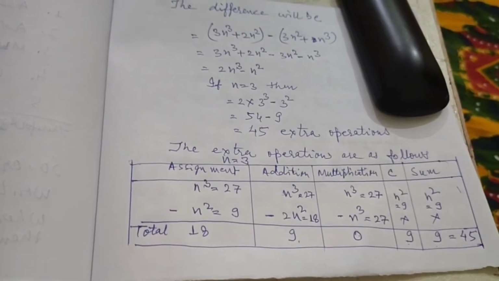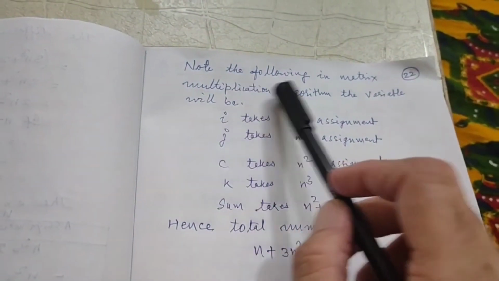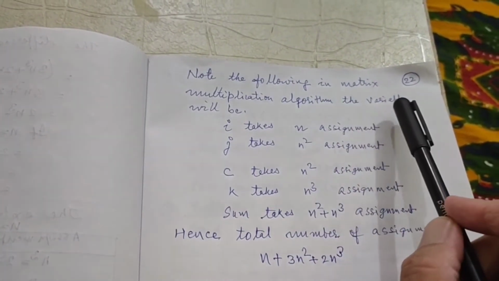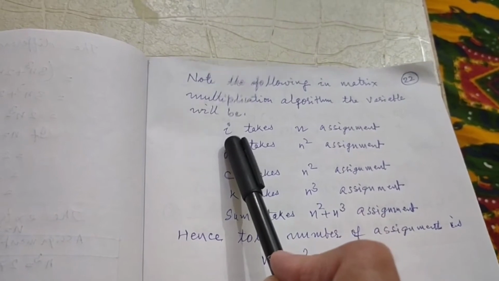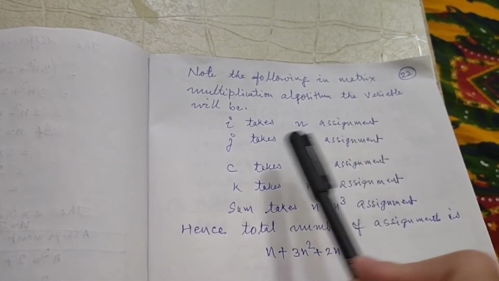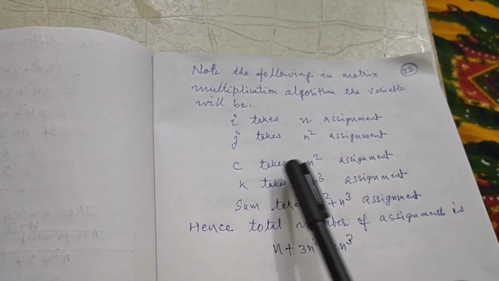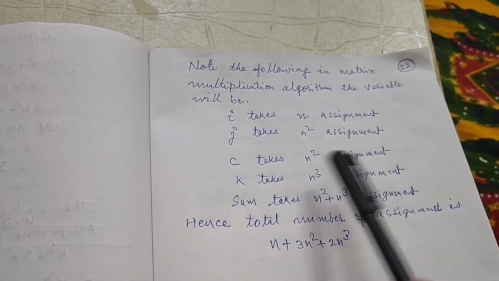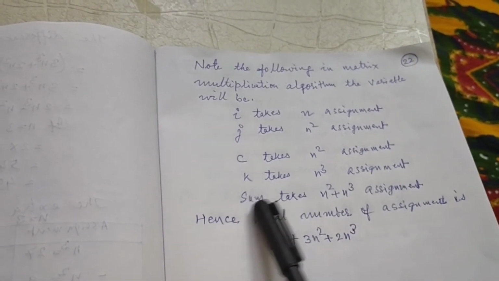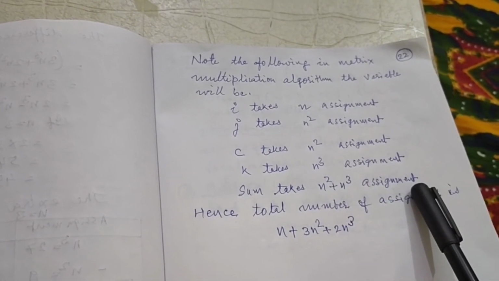intermediate calculations. Note the following in the matrix multiplication algorithm. The variables will be: i takes n assignments, j takes n square assignments, C takes n square assignments, k takes n cube assignments, sum takes n square plus n cube assignments.